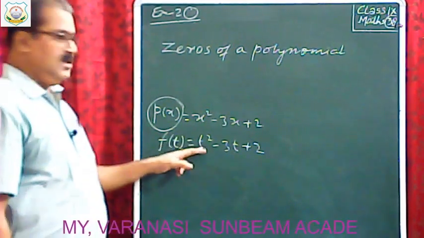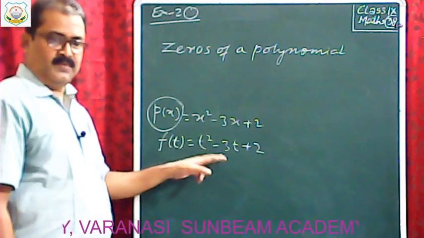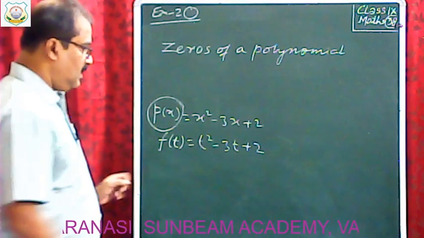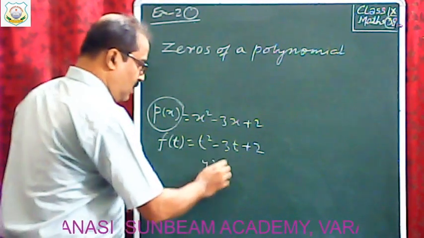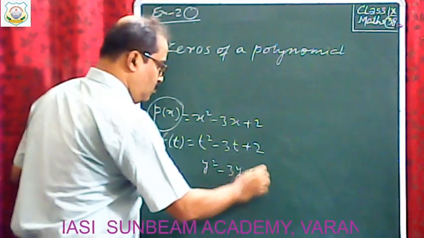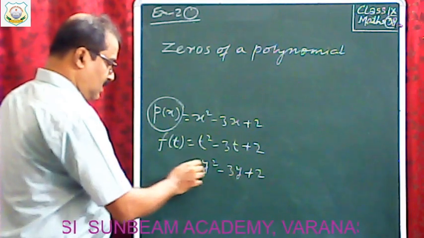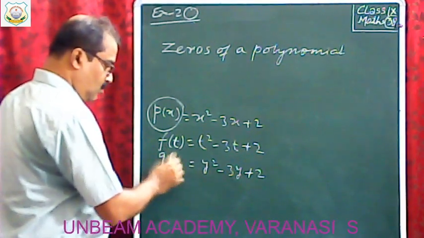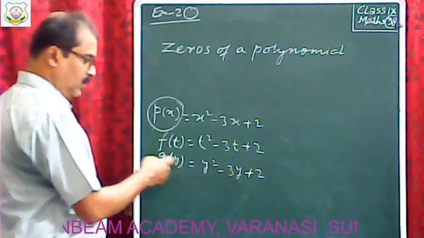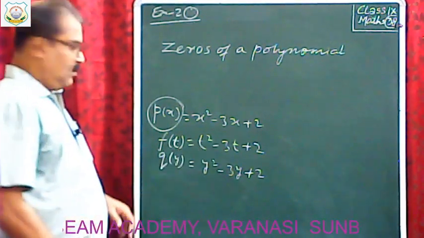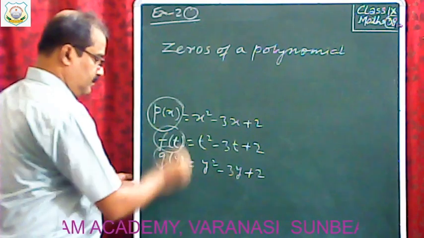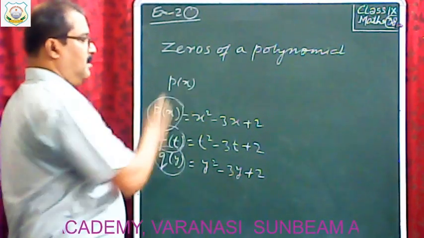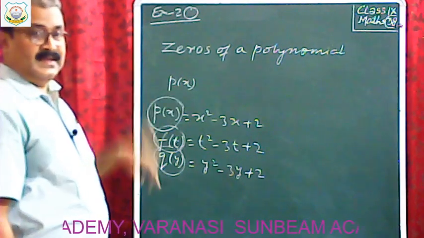Polynomial in terms of t. The polynomial is given in terms of t, so you have to write f within brackets small t. Suppose y square minus 3y plus 2, whatever, we may write the notation q(y), means polynomial in terms of y. So these are the notations. If you say p(x) is a polynomial, it is in terms of x.